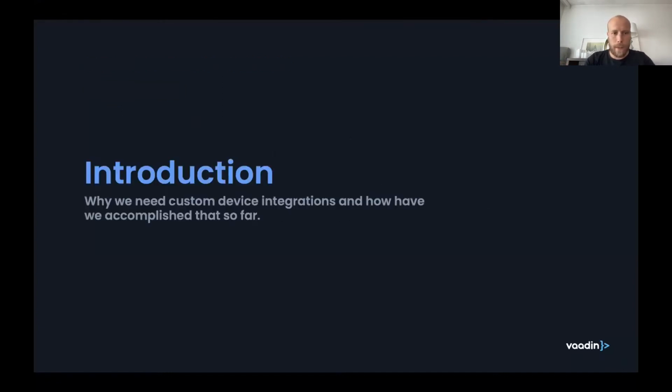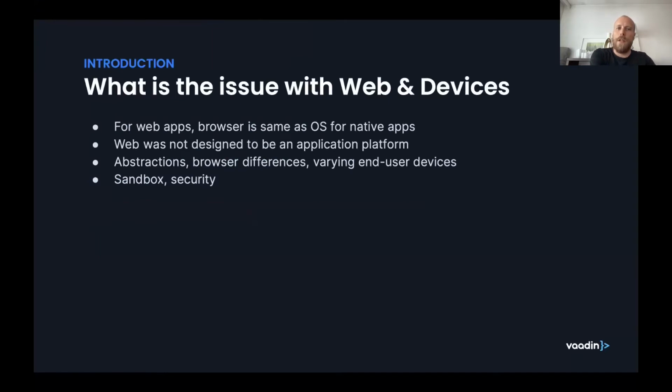So let's get going. What's really the issue with the web and devices? That's because web is not designed to be an application platform, unlike an operating system, which is solely designed for applications to consume the different devices and hardware that the computer has.